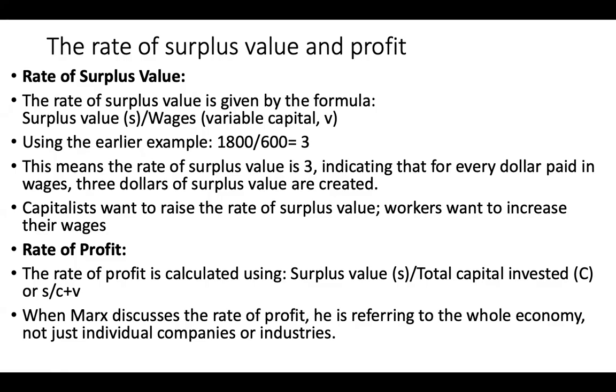Now, based on this very simple idea, and it is simple, actually, when Marx analyzes the production of surplus value, he would say that you have to look at society as a whole. You have to look at the total amount of surplus value produced in a society and the total amount of capital which is invested in the society as well. And if even possible, beyond the level of society. How do you do something like that?